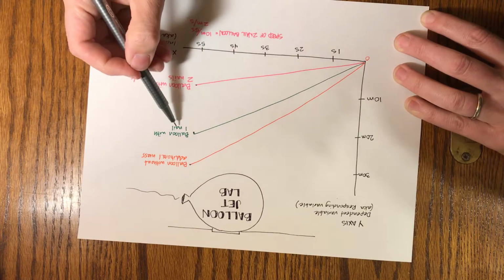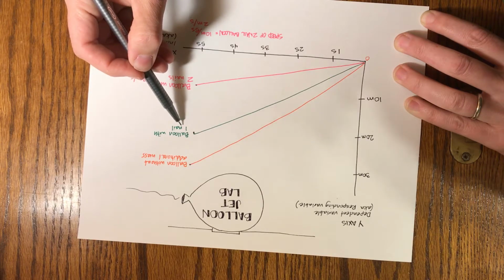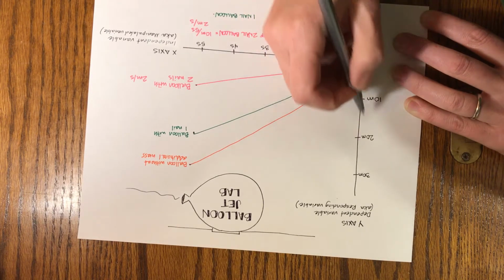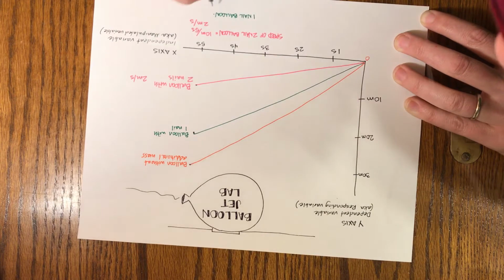Could we figure out how fast the balloon with one nail went? Sure. Let's put it up. We'll go here. One nail balloon. It went, what did we say, 25 meters in 5 seconds? Let's simplify that to be 5 meters per second.